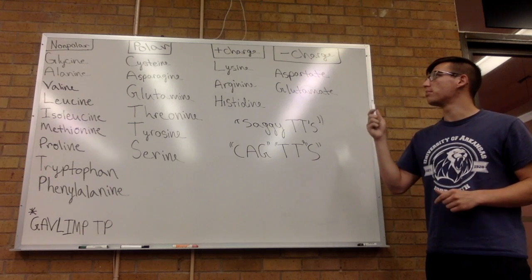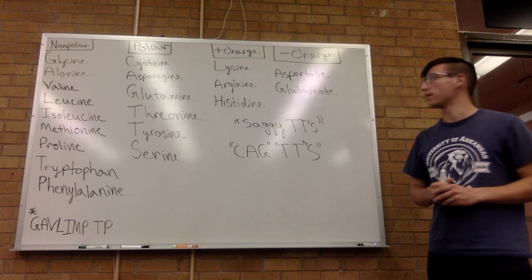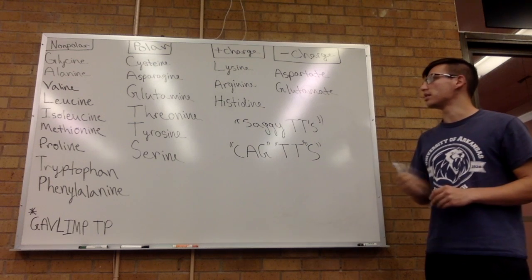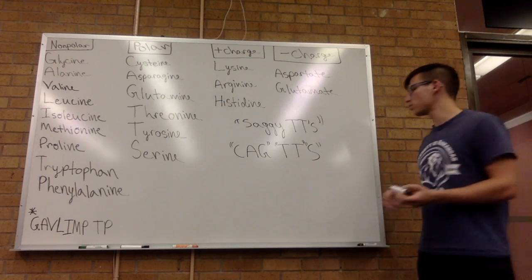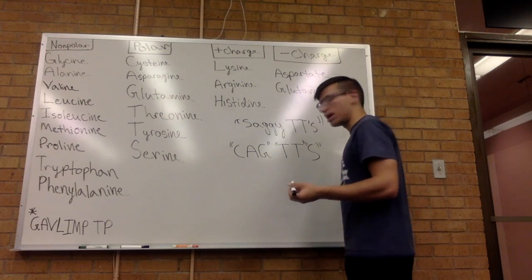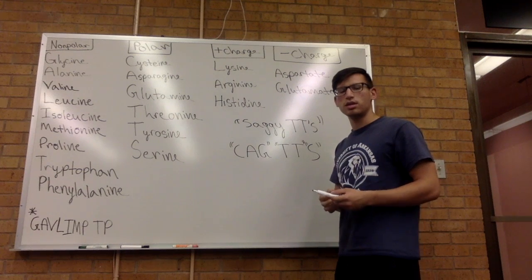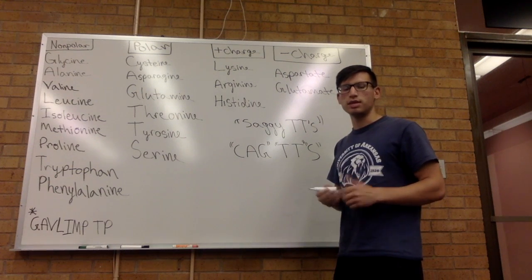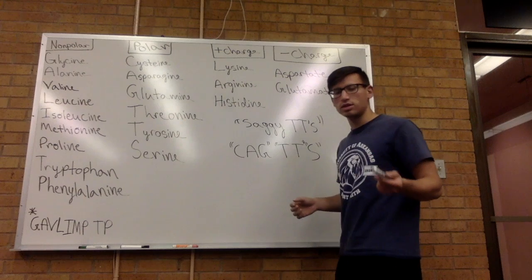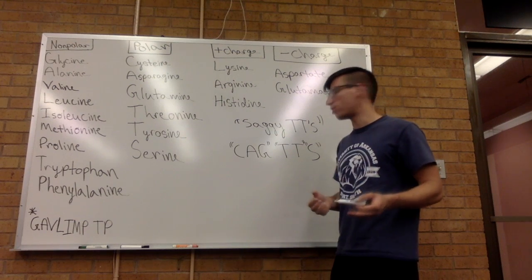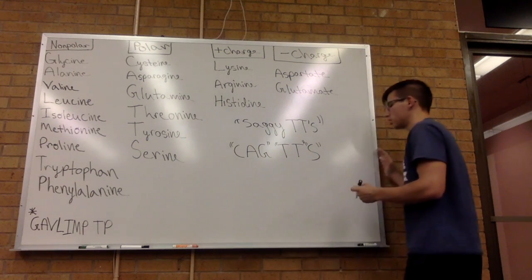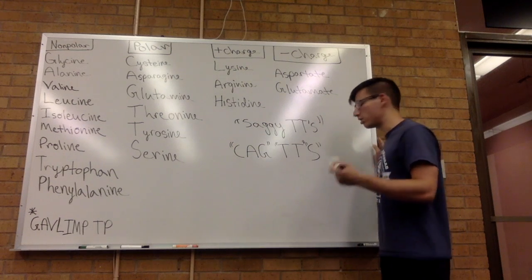Now for the positively charged amino acids, lysine, arginine, and histidine, the mnemonic I used for this was Larice. Now Larice was very helpful because it sounded like Maurice. So if you've seen Beauty and the Beast, you know that Belle's father's name was Maurice. Now there's also Maurice's the store. So whatever helps you memorize the positively charged amino acids, feel free to use that.